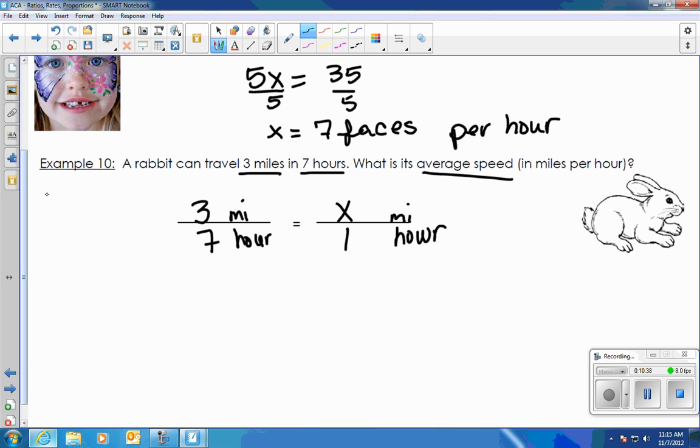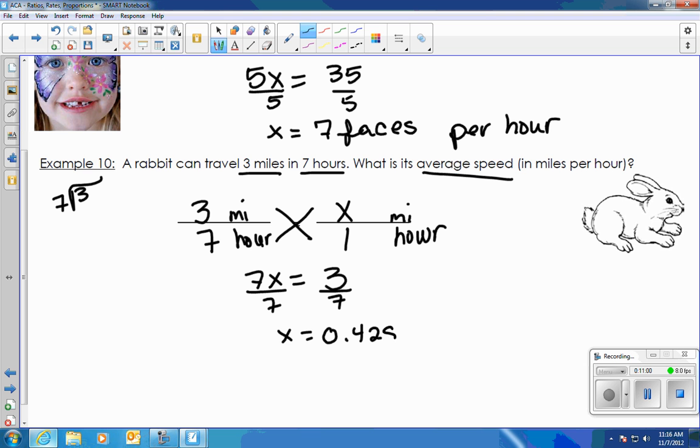So again, you can just divide if you'd like, or you can set up a proportion and use cross multiplication. You end up dividing by 7 and having to do this math anyways. It just depends on which way works best for you.